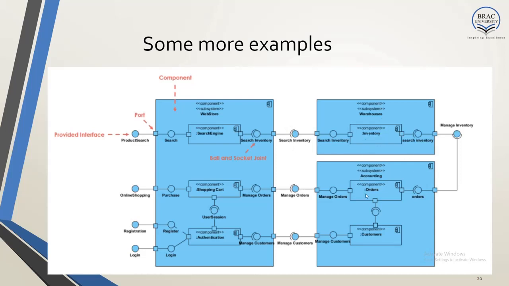Again, the inventory component is also manipulated by the order component, because whenever an order is placed, the inventory needs to be updated. So that's why this order component requires this manage inventory functionality. And finally, when there is an order over here, the order is being processed in this shopping cart component.